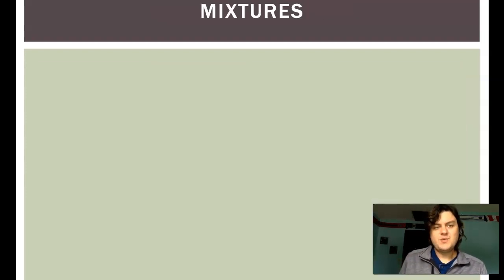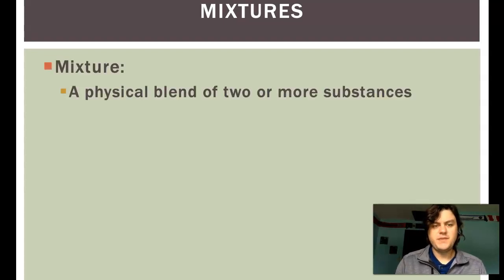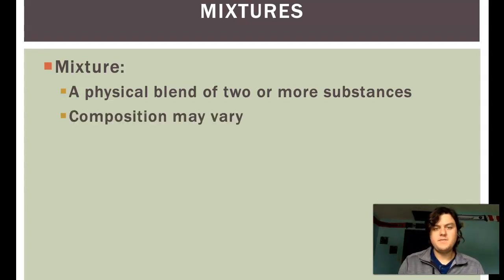So we established what substances are, anything that has uniform and definite composition, and now we need to talk through mixtures. A mixture is a physical blend of two or more substances, and that is a key word. It is not a chemical combination, but a physical blend, meaning each of the substances in the mixture has the same chemical identity before and after the mixture is made.